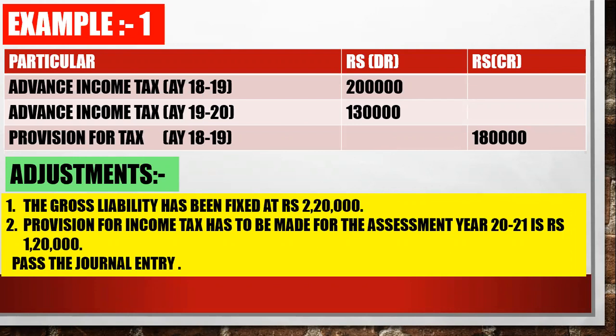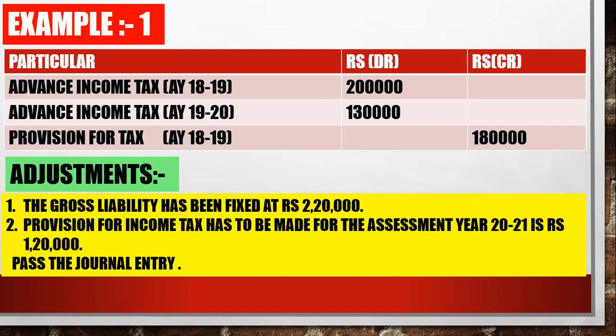You have paid advance income tax for assessment year 19-20 of 1,30,000. Now you have created provision for tax for assessment year 18-19 of 1,80,000.